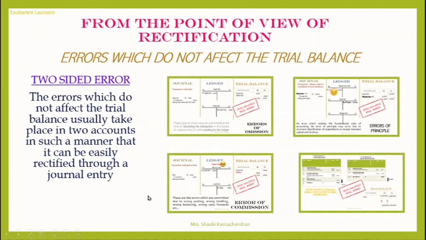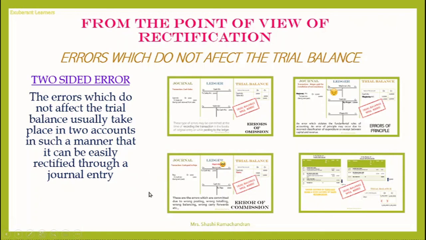Now from the point of view of rectification, errors which do not affect the trial balance, that means the trial balance will agree, are two-sided errors. And why do we call them two-sided?